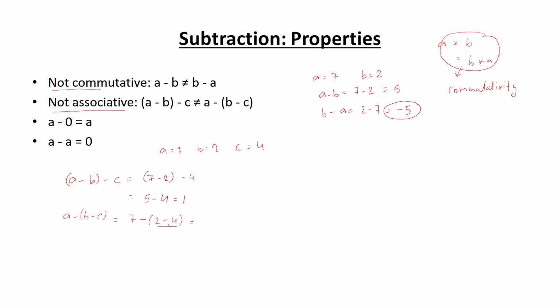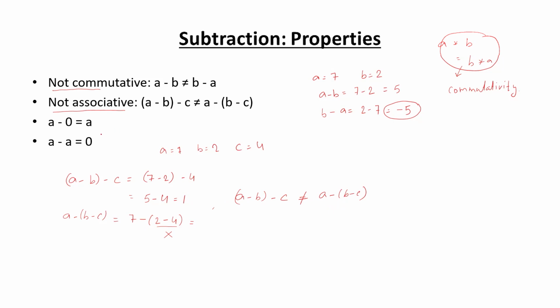So you can see that this operation is not valid because we always calculate the difference from the bigger number. You can subtract a smaller number from a bigger number. So this operation is valid, but this operation was not valid. So you cannot subtract 4 from 2, right? So that is why (A minus B) minus C is not the same as A minus (B minus C), right?